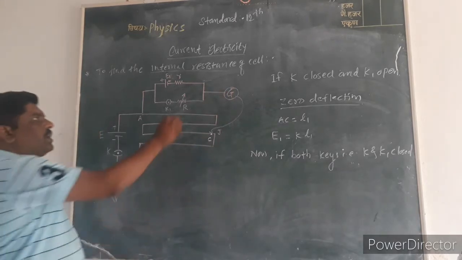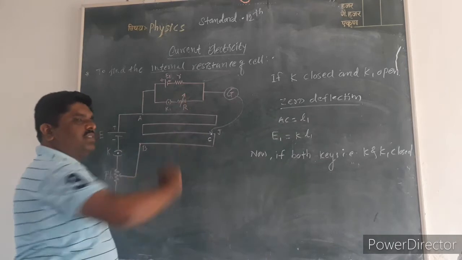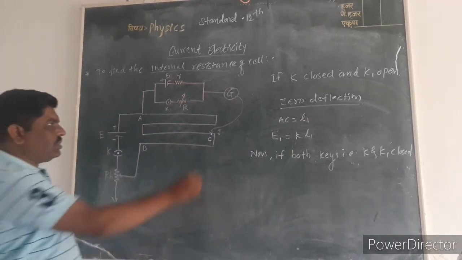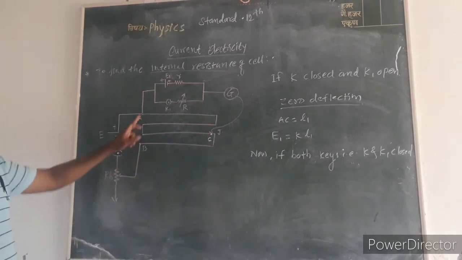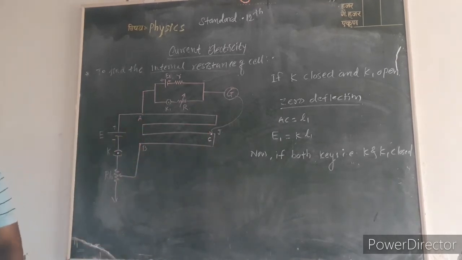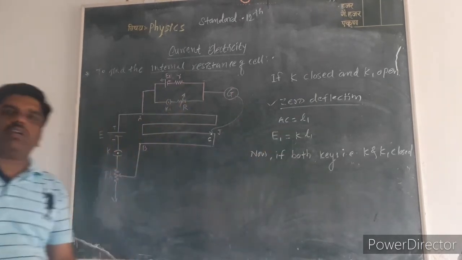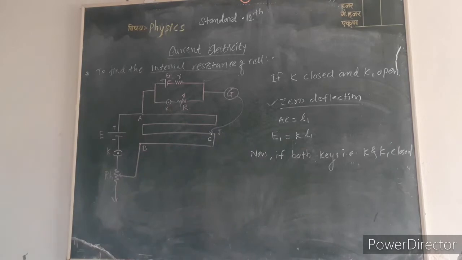Take some suitable resistance from this resistance box and touch again the jockey at different point on this wire AB and also find out null point or zero deflection.